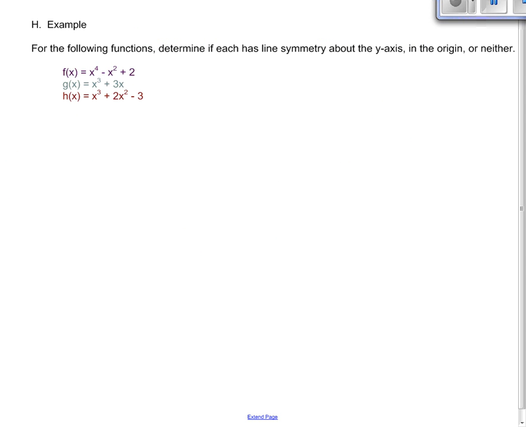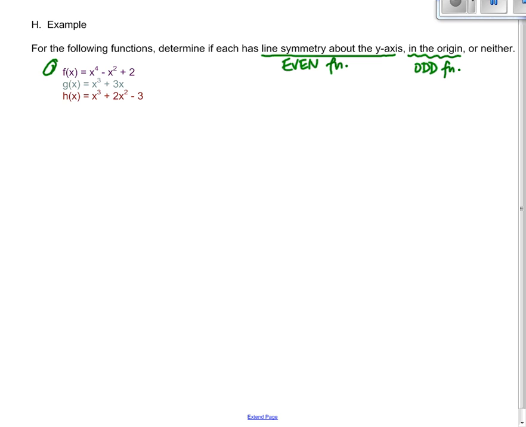For a check of the following three functions, we're going to determine if it has line symmetry about the y-axis, in other words, is an even function; has symmetry in the origin, is an odd function; or neither.